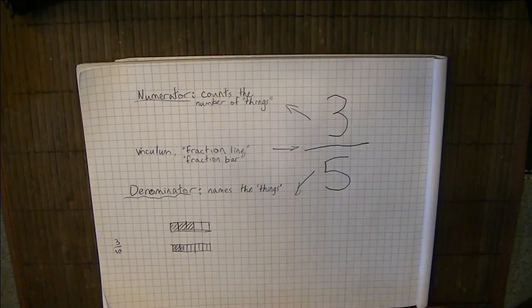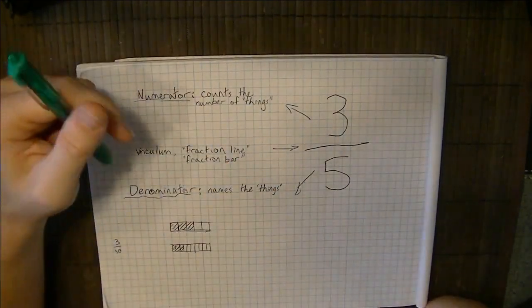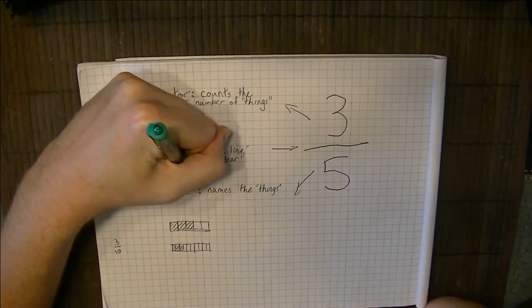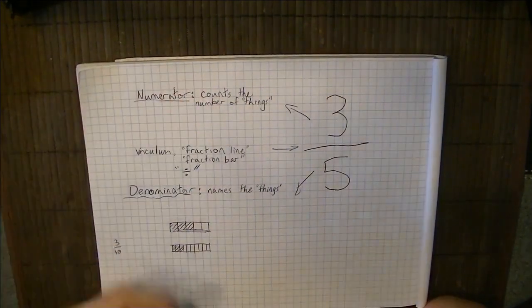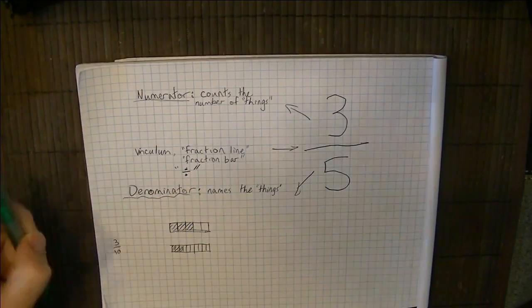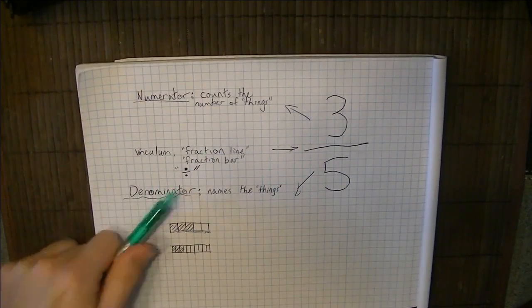What you can think of when you see this line is it is equivalent to this symbol. In fact, the division symbol is really just a fraction, it's just a symbol of a fraction.